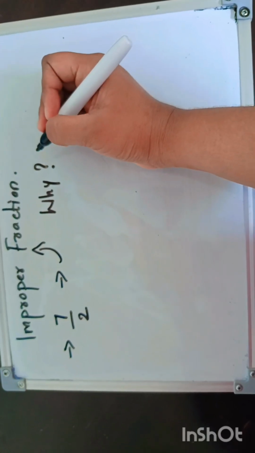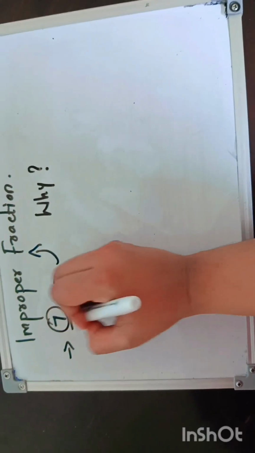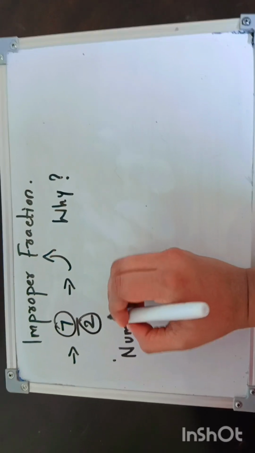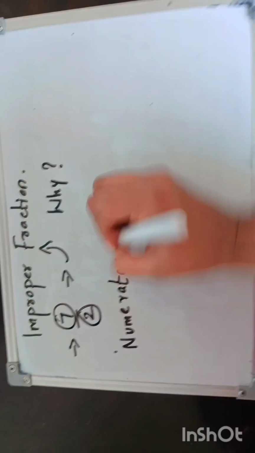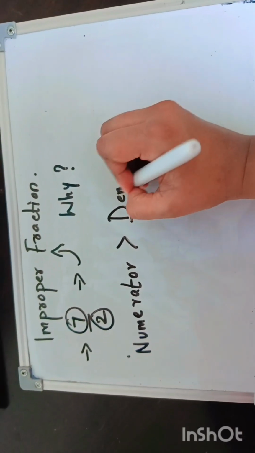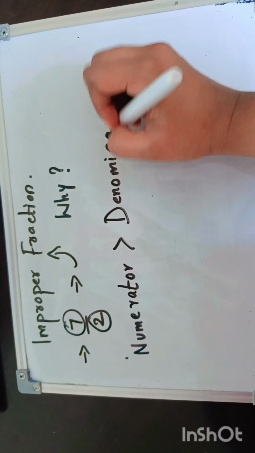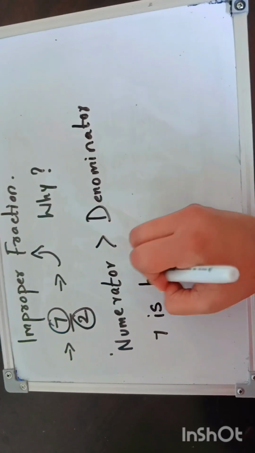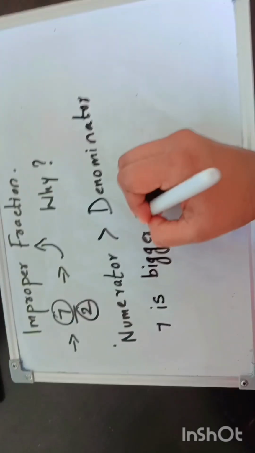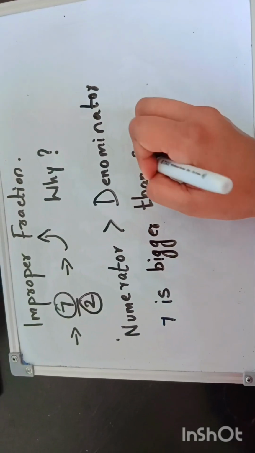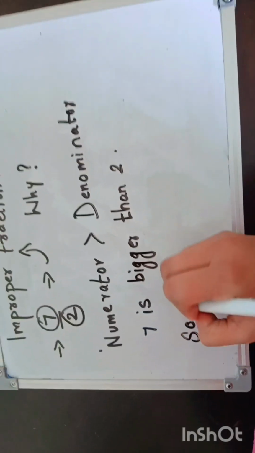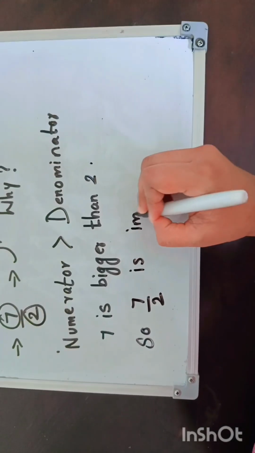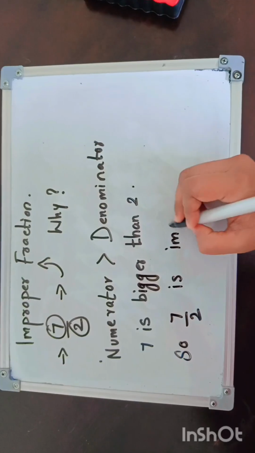Because as I said before, in a proper fraction the numerator was smaller, whereas in an improper fraction the numerator is bigger than the denominator. You can see the top one, the numerator, is 7, and the bottom one, the denominator, is 2, which means 7 is bigger than 2. So we call 7 by 2 an improper fraction.